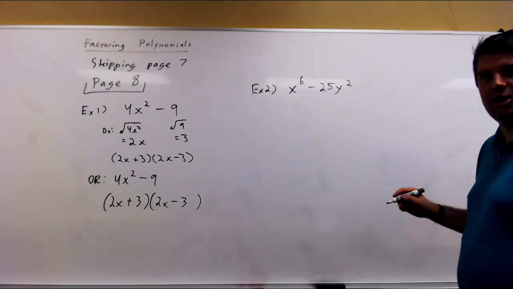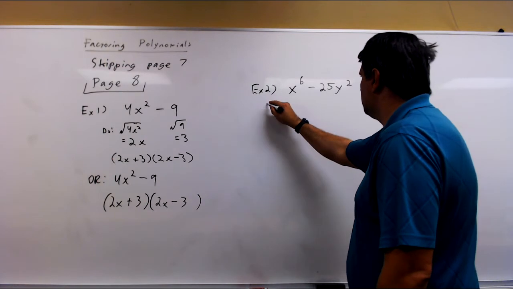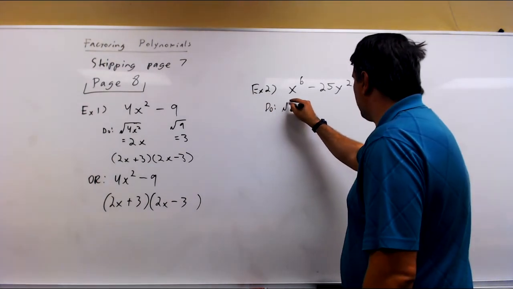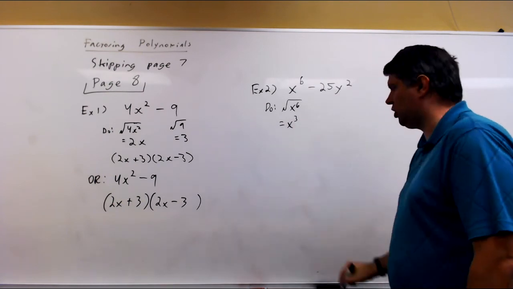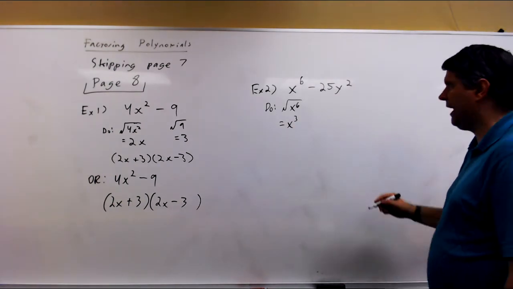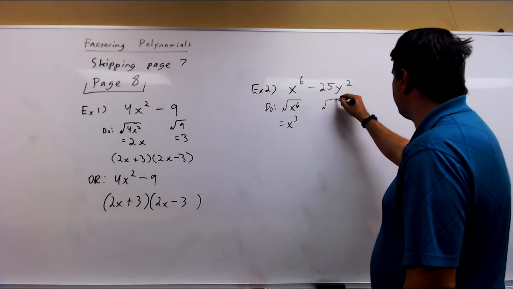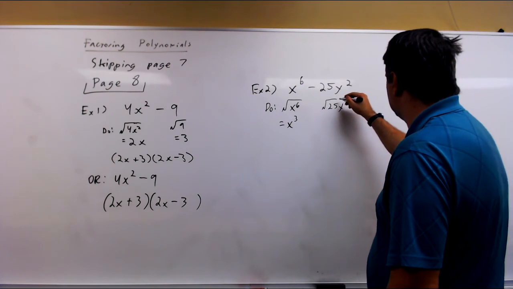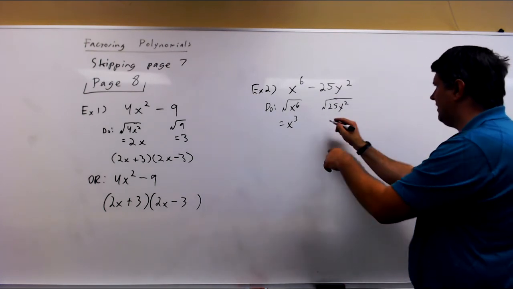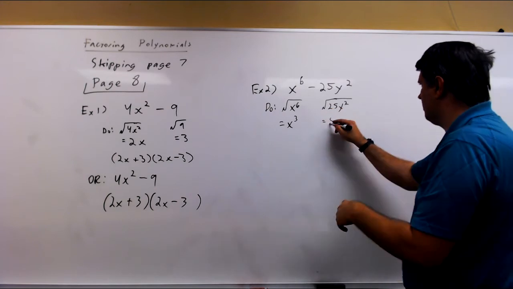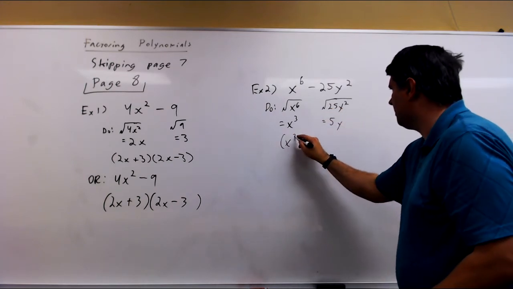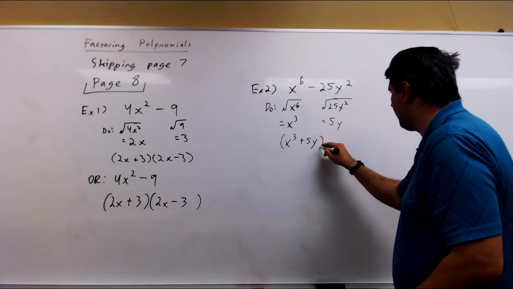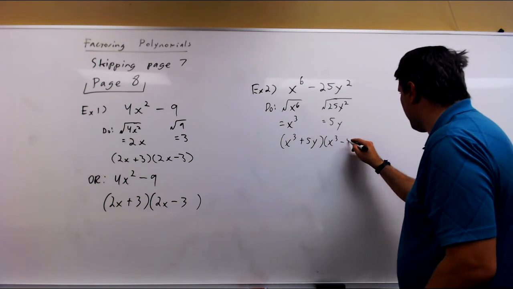Alright, so what you're going to do is square root of x to the 6th, you cut the exponent in half, you get x cubed. The square root of 25y squared: square root of 25 is 5, square root of y squared is y. So you'll have x cubed plus 5y and x cubed minus 5y.